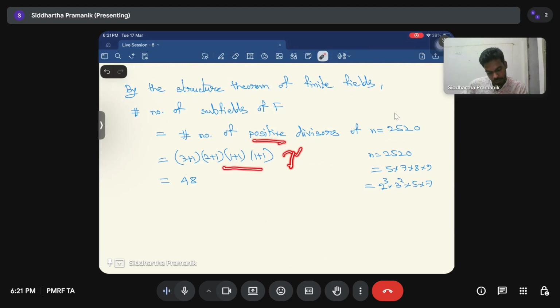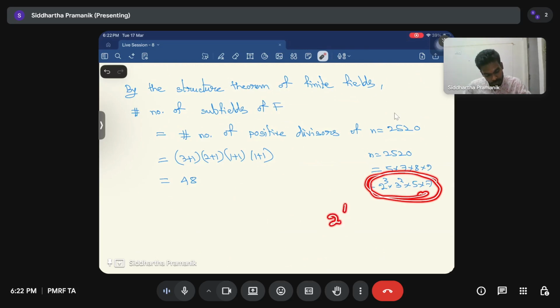So how to find the positive divisors of this number? A positive divisor will have the form 2 power alpha 1, 3 power alpha 2, 5 power alpha 3, 7 power alpha 4, right? Where alpha 1 will be from 0 to 3.